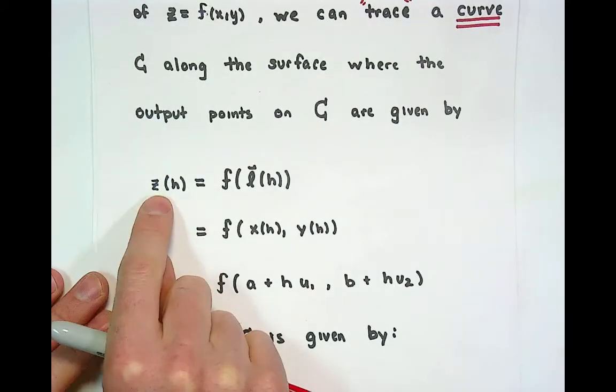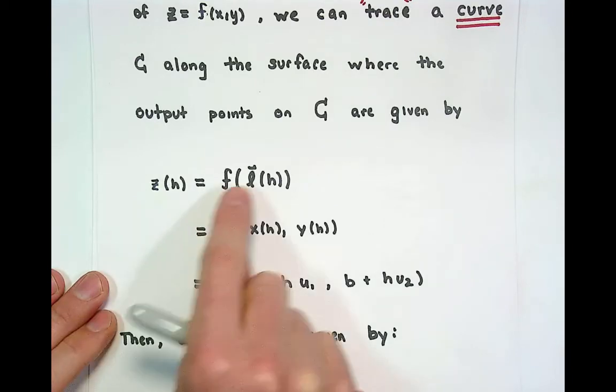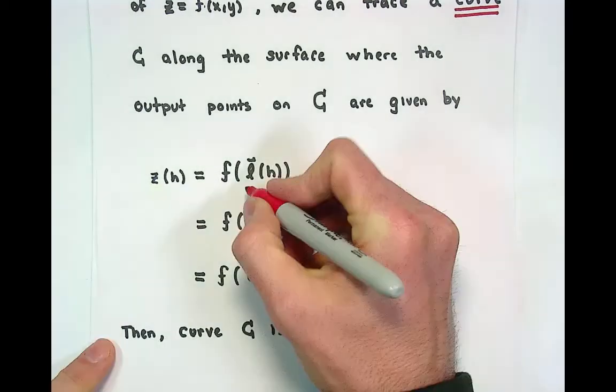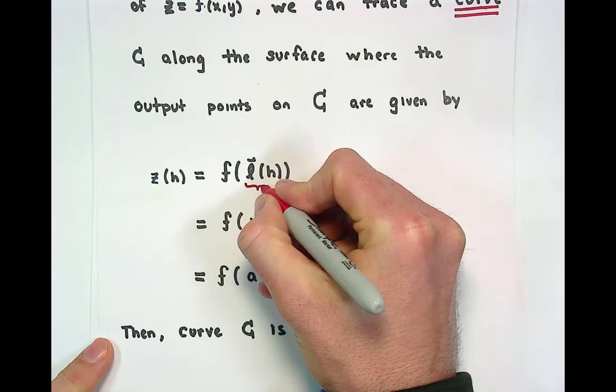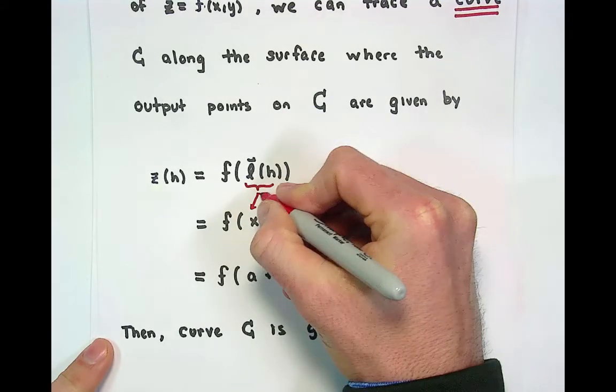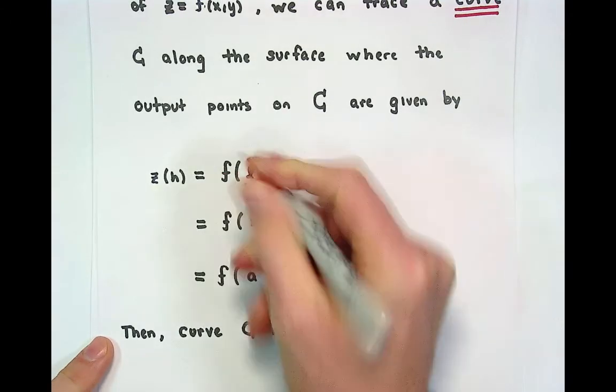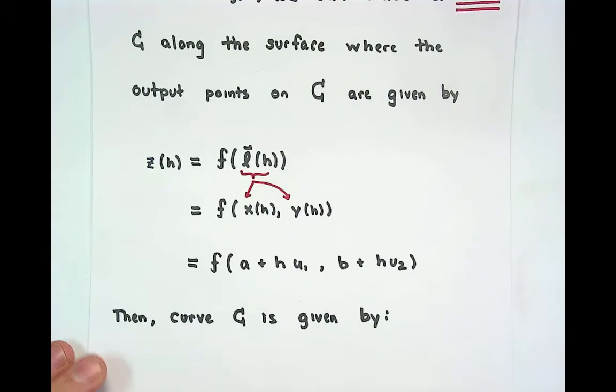So the output points of this curve are z of h is f of L of h. And again, since this is a vector valued function, really this splits into two coordinates, which is good because f is a multivariable function. So you expect two inputs.